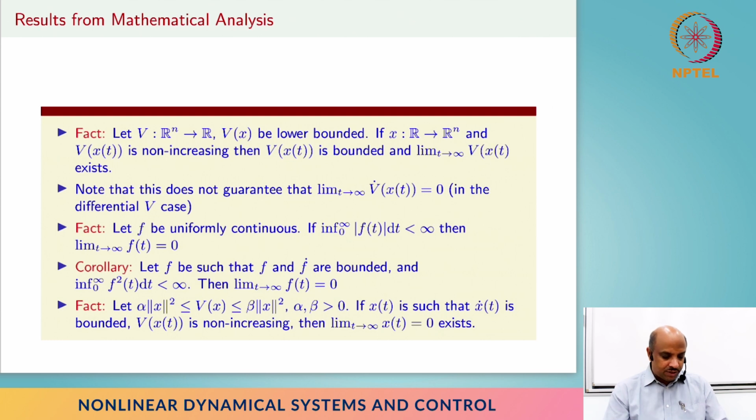I understand that this is probably a very dry thing, but if you can understand it well, good. But on the other hand, it's a very powerful result. If v has these upper bounds and v is non-increasing, the only thing that we need is that x and x dot are bounded. Then the limit is going to be 0.